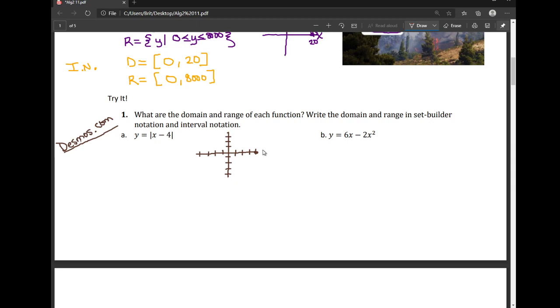So I know that my absolute value is going to go up 1 over 1, up 1 over 1, and then it mirrors across this way. So I go back 1 over 1, back 1 over 1, back 1 over 1, and there. So that's my rough graph of it.